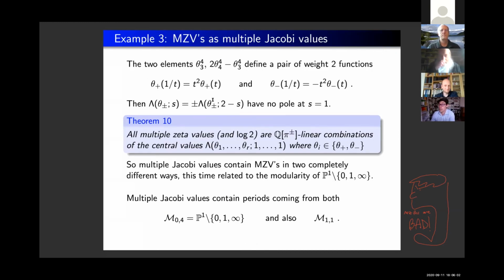Now, if you translate this back, this means you take not dz over z and dz over 1 minus z, but their symmetrized and anti-symmetrized versions with respect to z goes to 1 minus z. And you get a new filtration. You can count the number of pluses and number of minuses. And I think Adam Keilthy checked that is motivic as well.